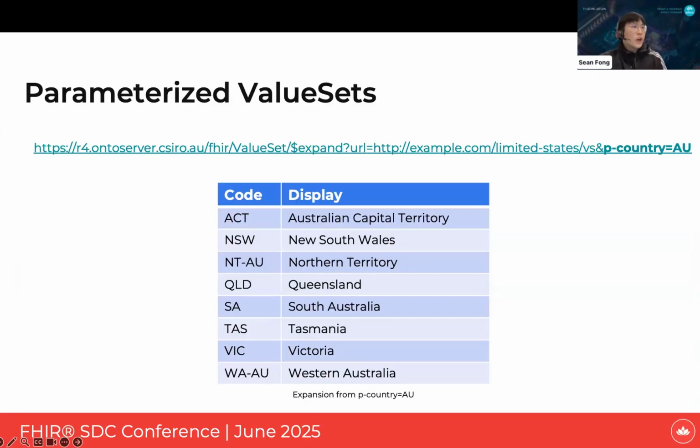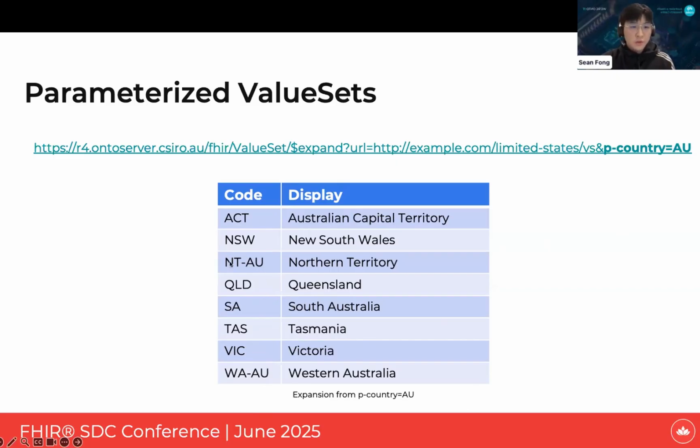Okay. Now in my example, I'll set the P country value to AU, and it's going to give me an expansion containing all the Australian states here. Notice in this states example, there will be clashes between states with the same codes.